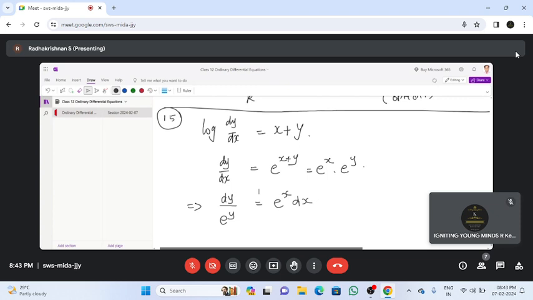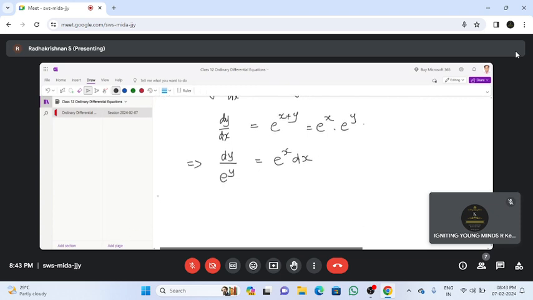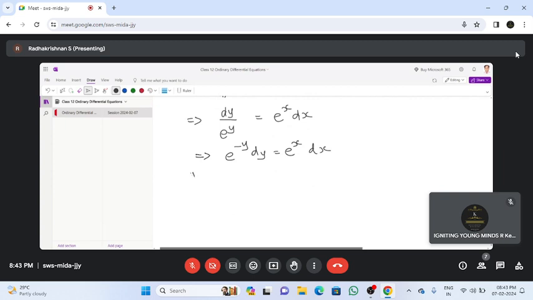Correct? We can write it as e power minus y dy. So now if we integrate, you get minus e power minus y equal to e power x plus c.